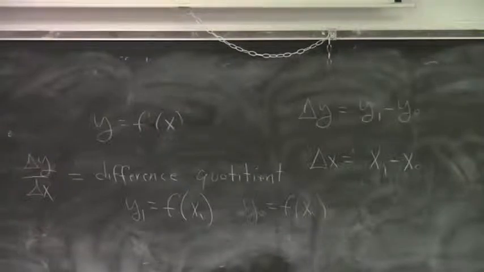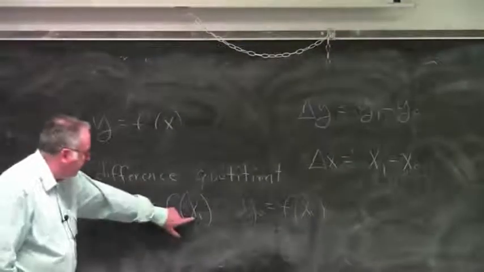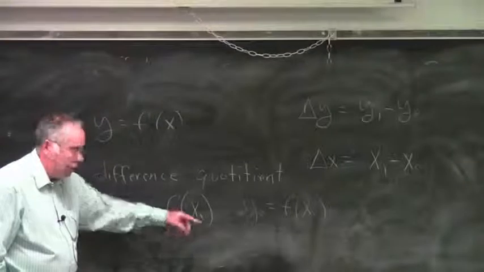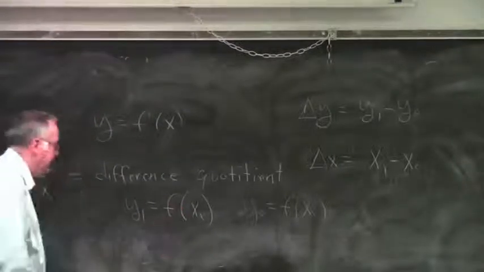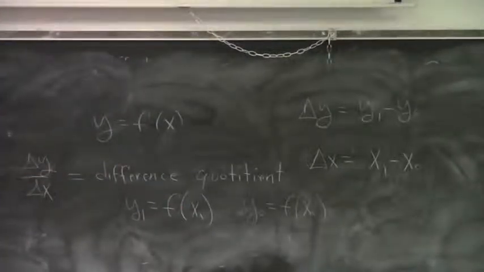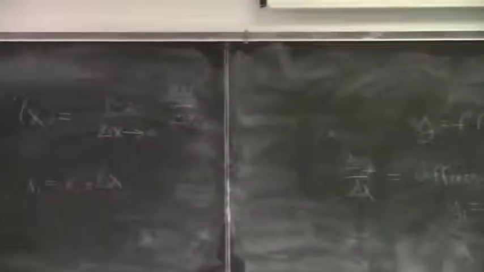Instead of writing x1, we will write x sub 0 plus delta x. Because x1, the new value of x, is just the original value of x plus the change in x. Okay.